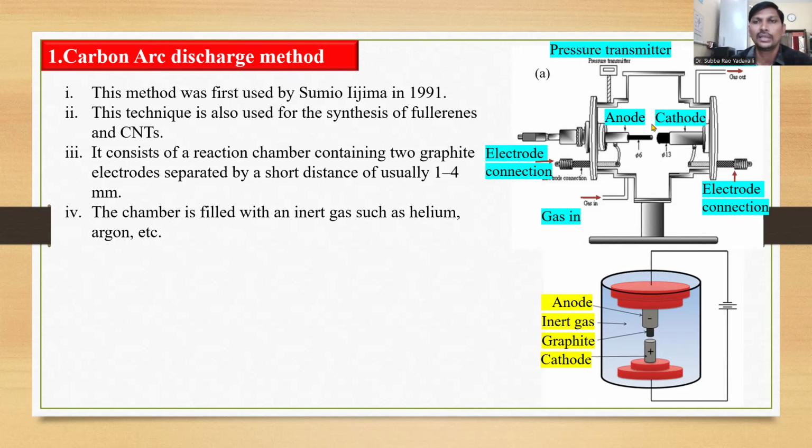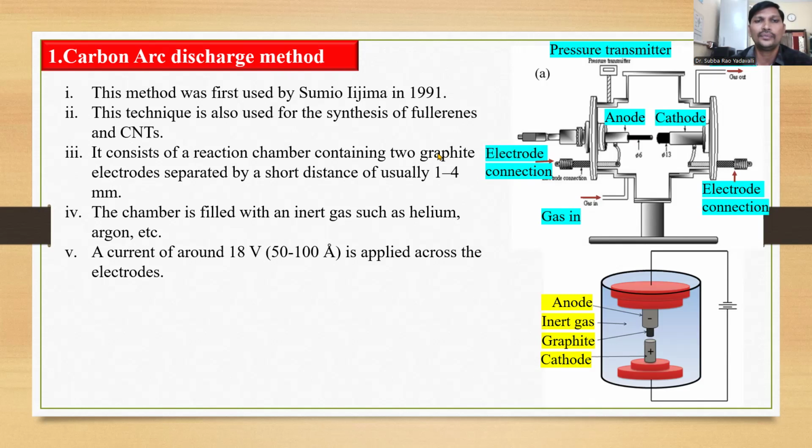So the anode and cathode are very close to each other. The chamber is filled with inert gases such as helium, argon, nitrogen. Here is the gas inlet and gas outlet.